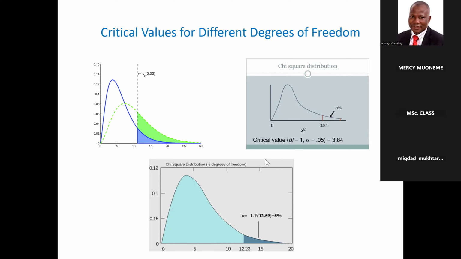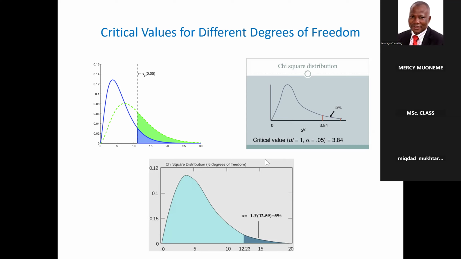Because this one is not symmetrical, I've already said it, usually one tail, that is one side, we look at. If you look at it, if you set your level of significance, set it at 0.05.